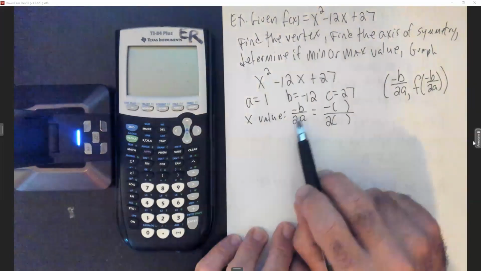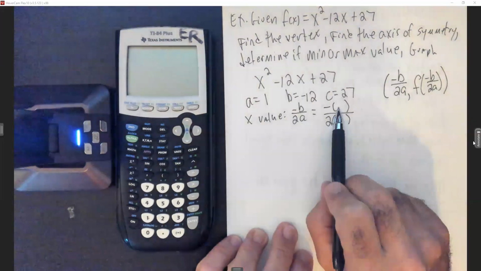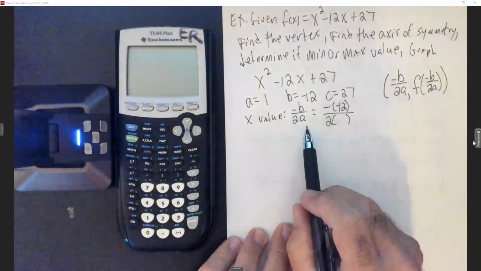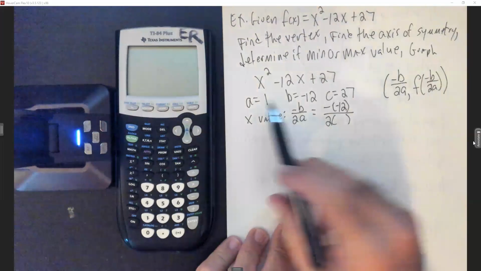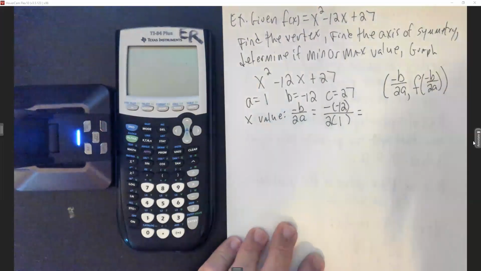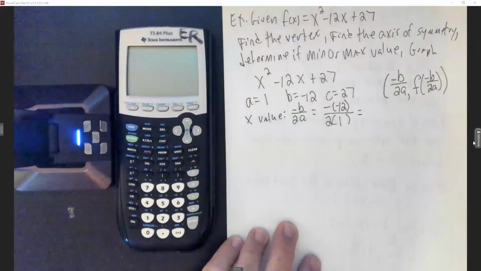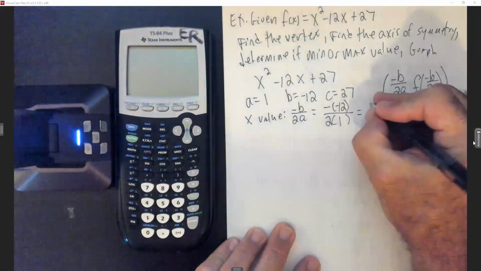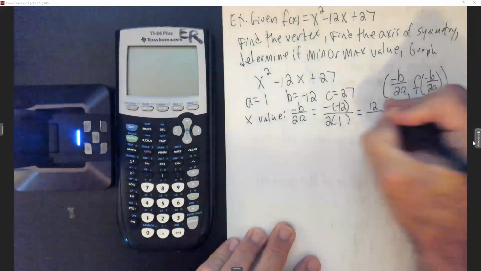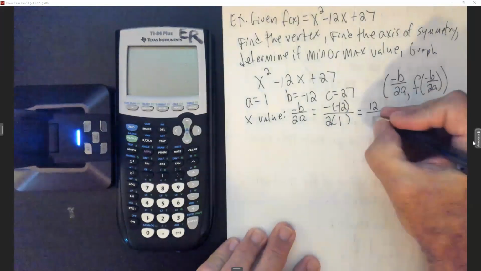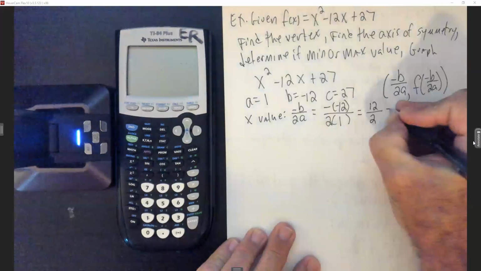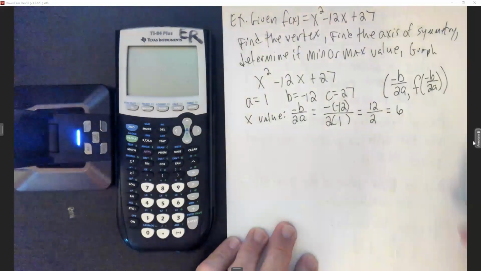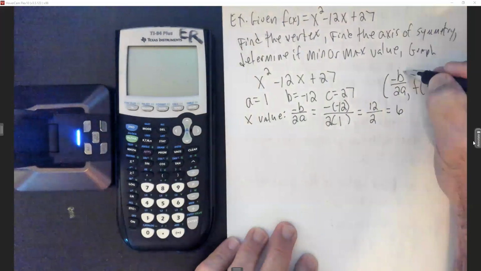All right, so we got negative, b is a negative 12, so I'm going to put in that negative 12. And on bottom a was a 1. So notice what happens. You got a negative times a negative. That's going to make that a positive 12 on top. 2 times 1 gives me a 2 on the bottom. So my x value, 12 divided by 2, would be 6. So I know this part is going to be a 6.